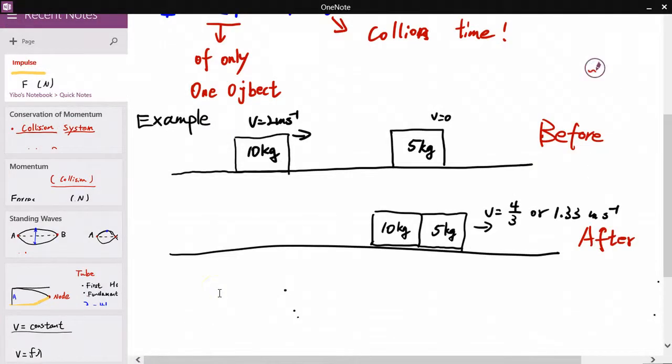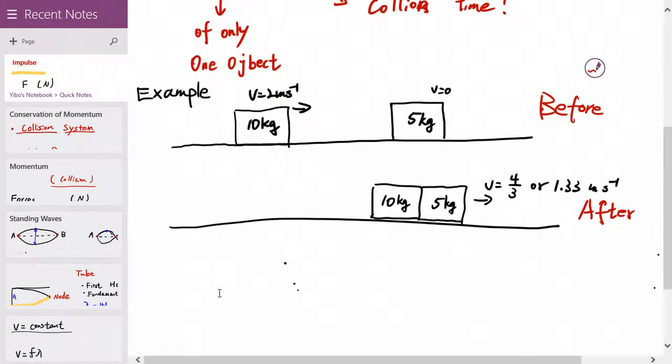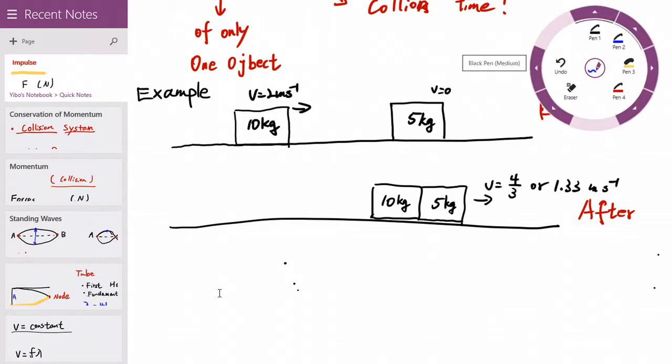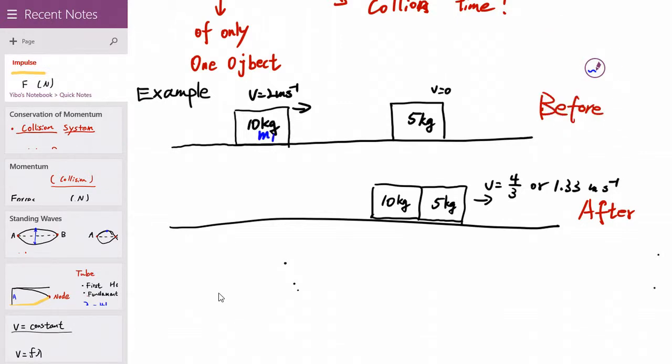Now let me show you an example, which is the same as the previous question. Just before the collision, we have two objects, I name them M1 and M2. Afterwards, I have M1 and M2 traveling at V1 and V2 after.